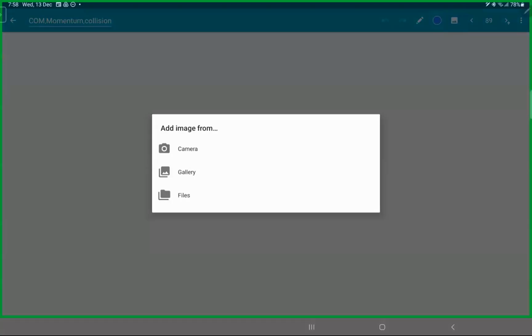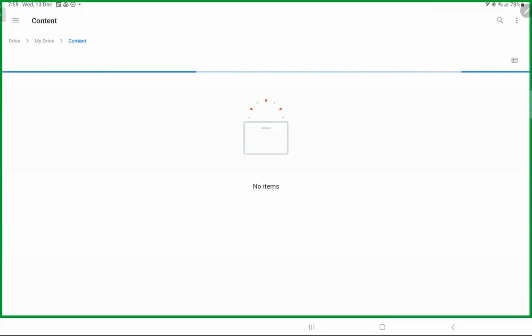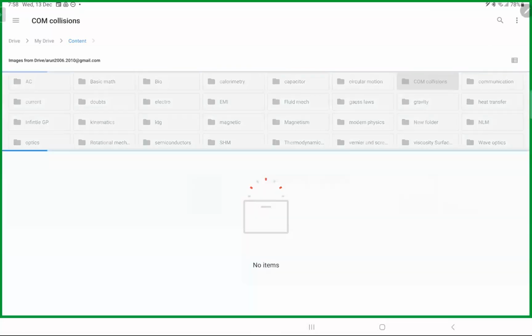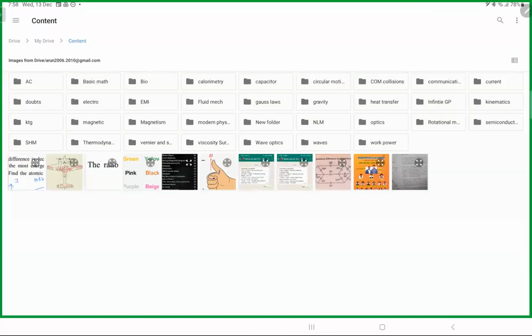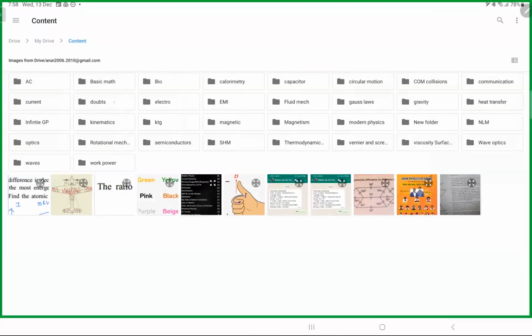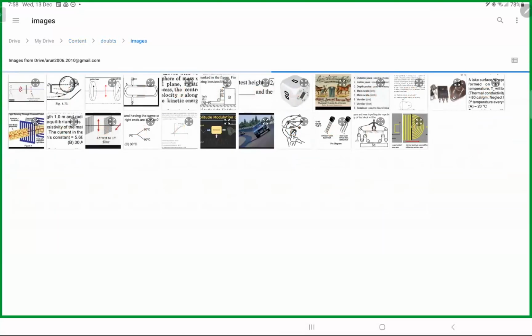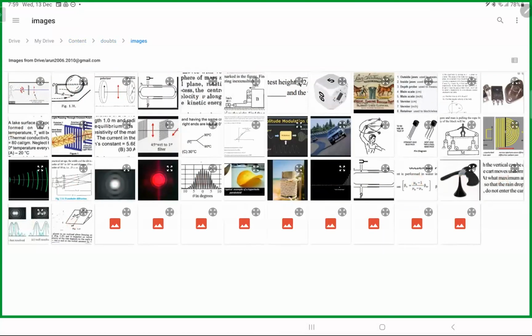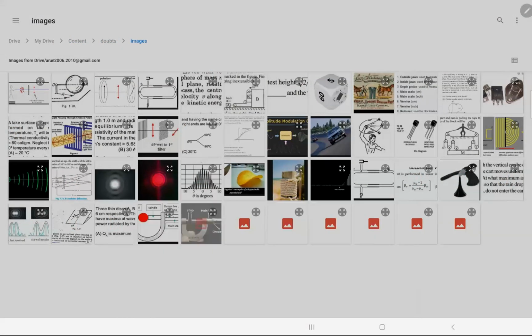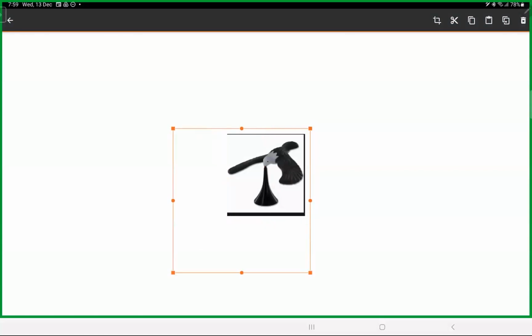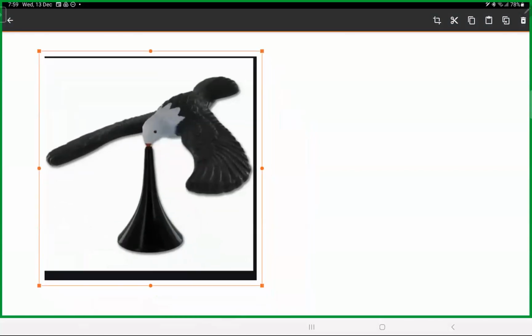So if you look at the diagram there, let me show you. This thing, we used to have it at home when I was in school.